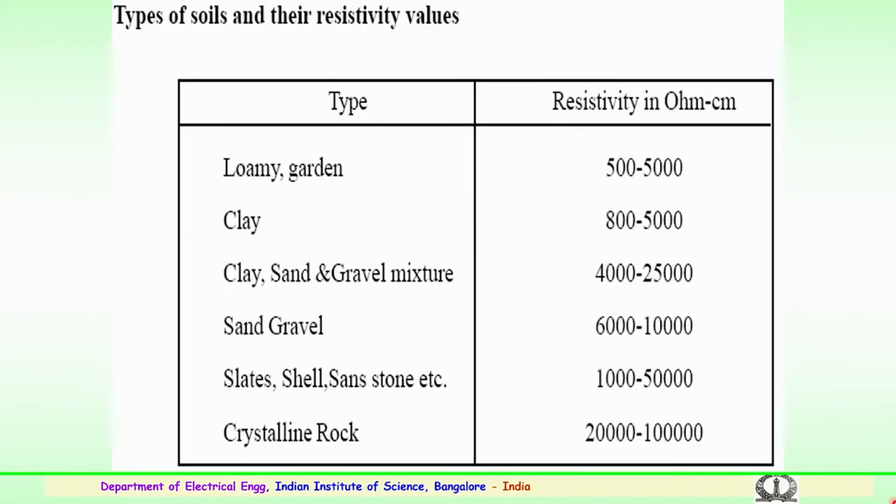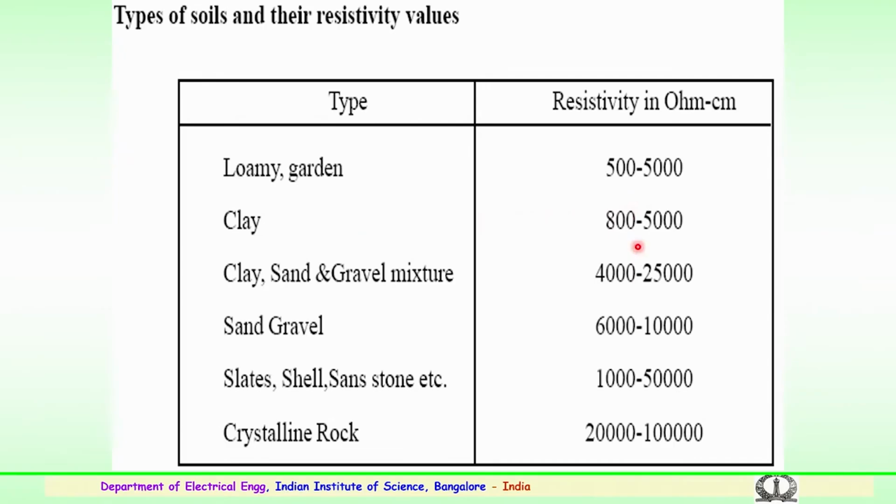This gives a table of the resistivity in ohm centimeter for various soils which, during the substation planning, have to be considered in case of the different types of soils. It could be clay, sand, gravel mixture, sand gravel, slates, crystalline rock. So, several types of soils are available, and the resistivity in ohm centimeters for these types are also given here.